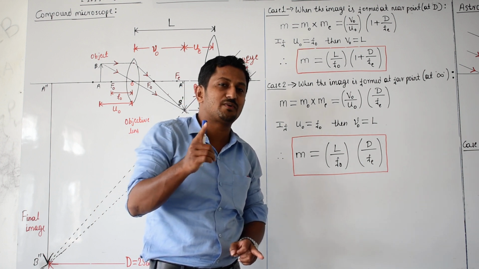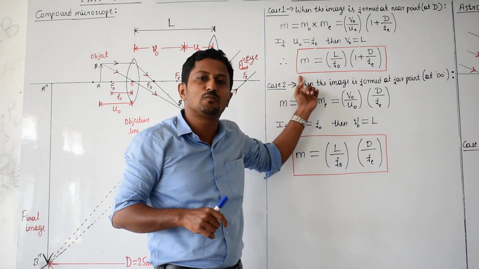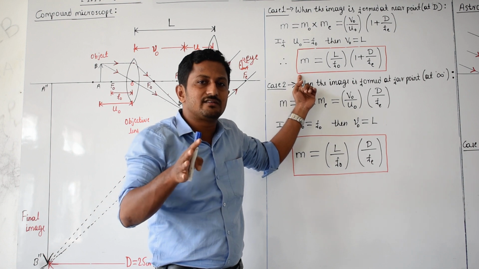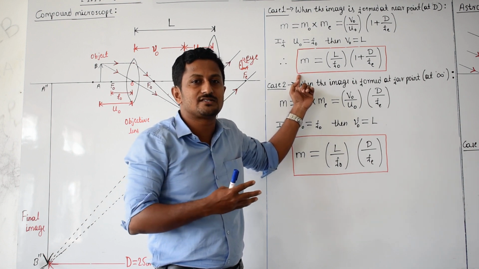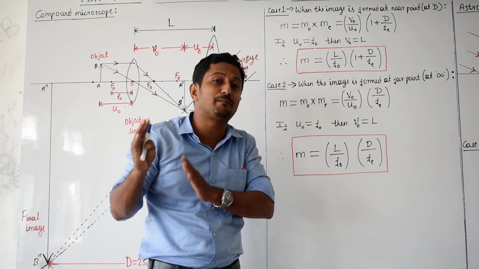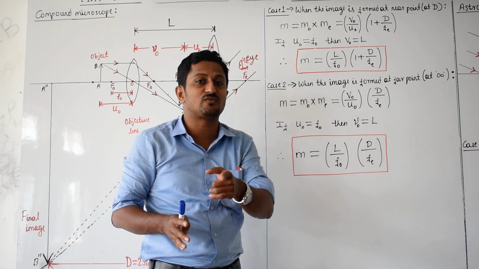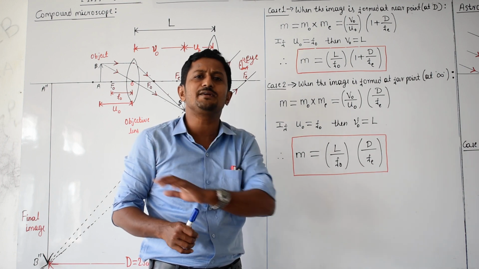When the image is formed at D point, you have to remember this formula. I already said you will be getting some numericals. There they will tell you to calculate the magnifying power of that compound microscope when the final image is formed at D point.